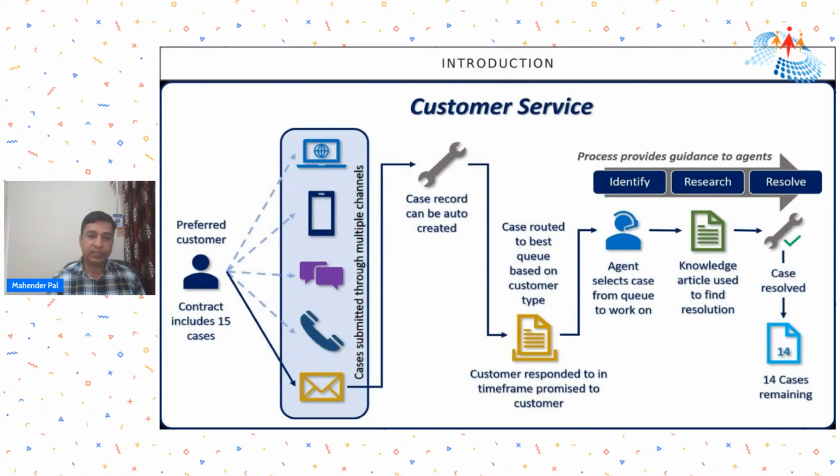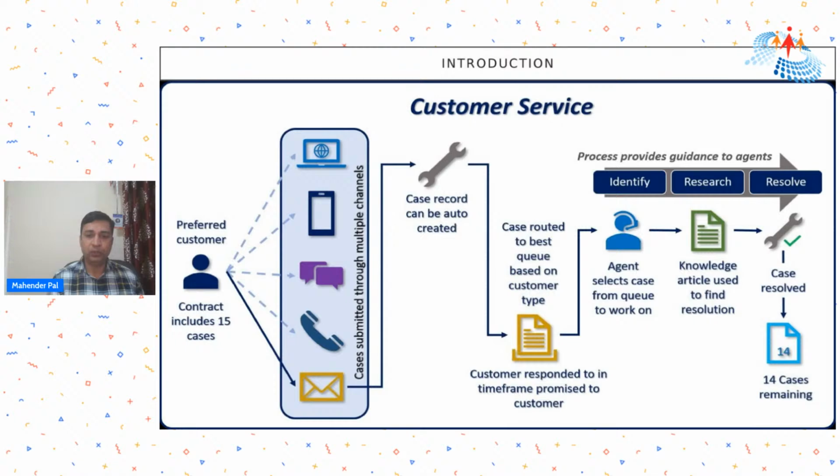And then that case is routed based on different scenarios. It's routed to different queues. We have different queues, for example high priority, low priority or medium priority queues, depending on the priority of the case which is opened there. Based on that, it is assigned to the agents who work on resolving that case.